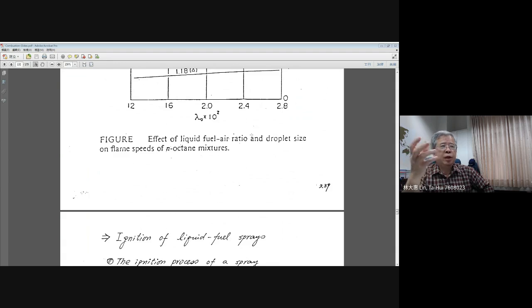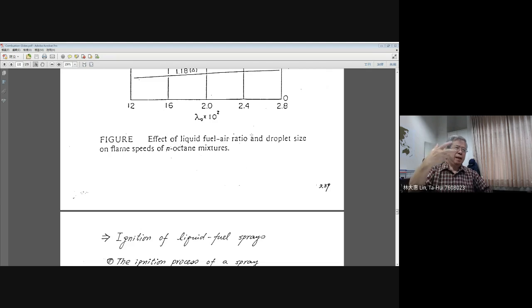You try to link that to the evaporation process for the liquid droplets and think about how much fuel vapor can contribute to the overall burning. That balance will give you some idea to optimize the burning intensity.